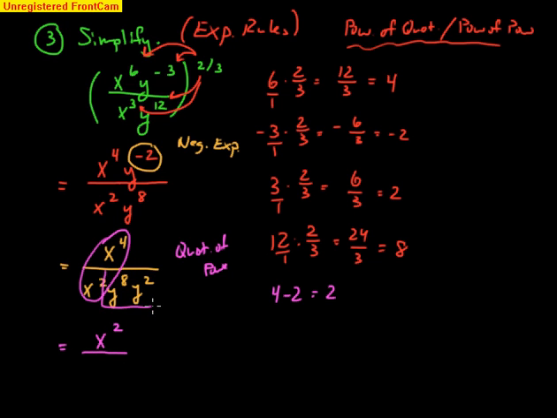Now on the bottom, these y's are being multiplied together, so we're going to use a product of powers. Product of powers says you add 8 plus 2 and you get 10. And that's the exponent of y on the bottom. And that crazy complicated thing turns out to be x squared over y to the 10th.